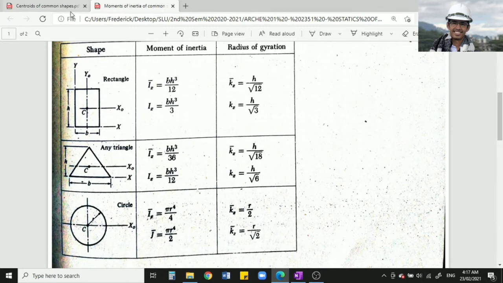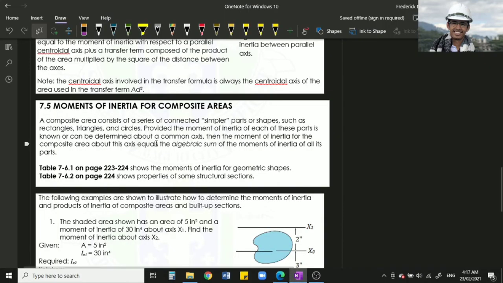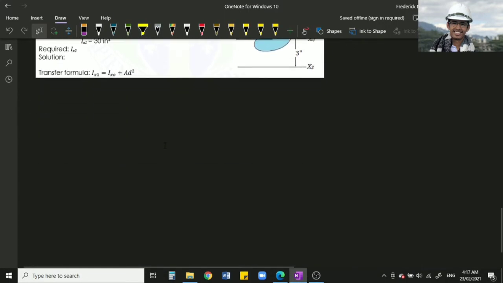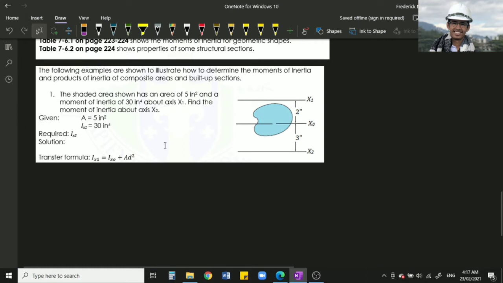Okay, so let's do an example. The following examples are shown to illustrate how to determine the moments of inertia and products of inertia of composite areas and built-up sections.